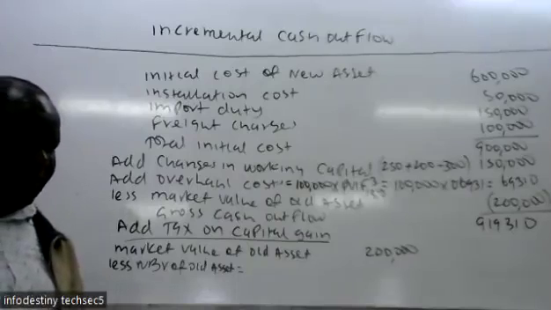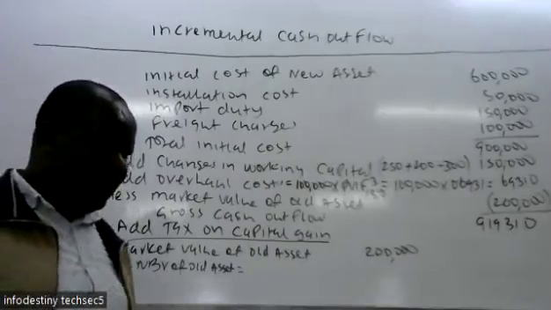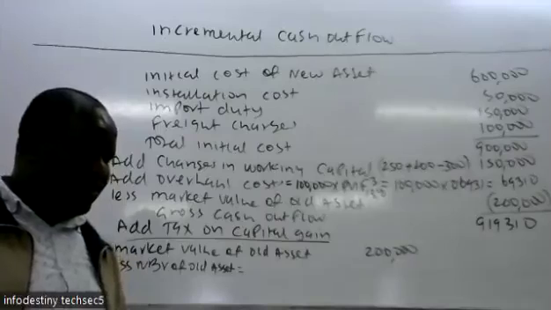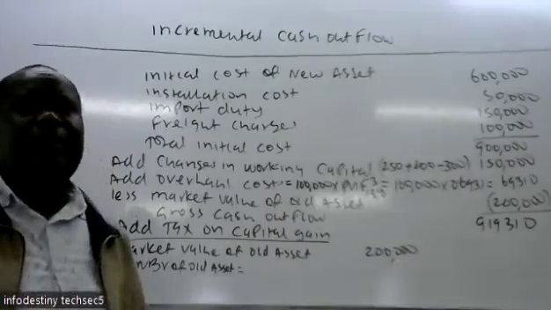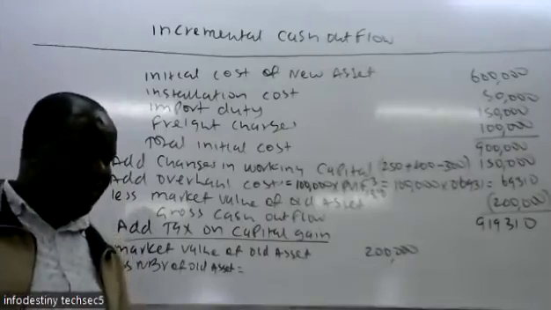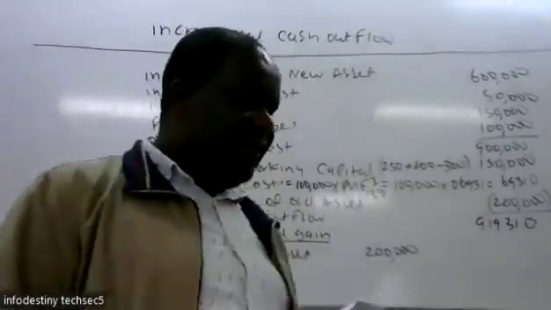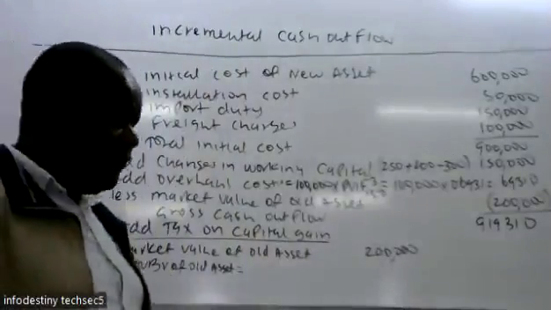You can see in the first paragraph, the existing machine was purchased 2 years ago at an installed cost of how much? 500,000. The machine was estimated to have an economic life of how many years? 5 years with nil salvage value.